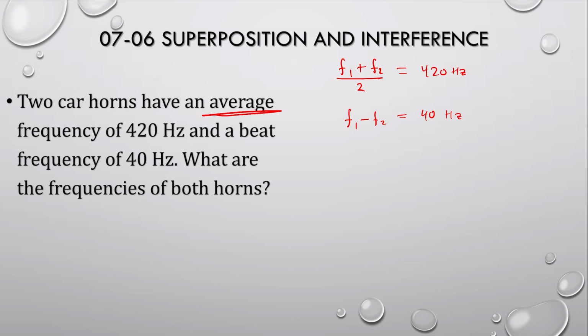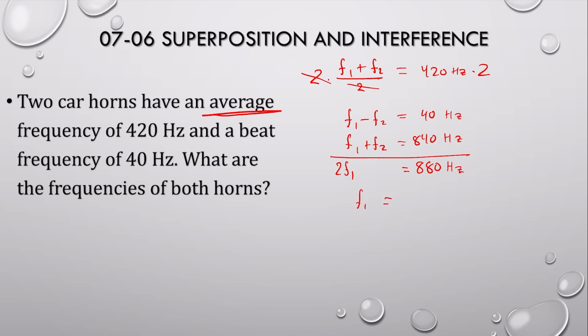Well, this looks like a system of equations. I'm going to take the first one, multiply it by 2. And then I can do simple linear combination or elimination. I'll get 2 F1s, F2s cancel out, and 880.